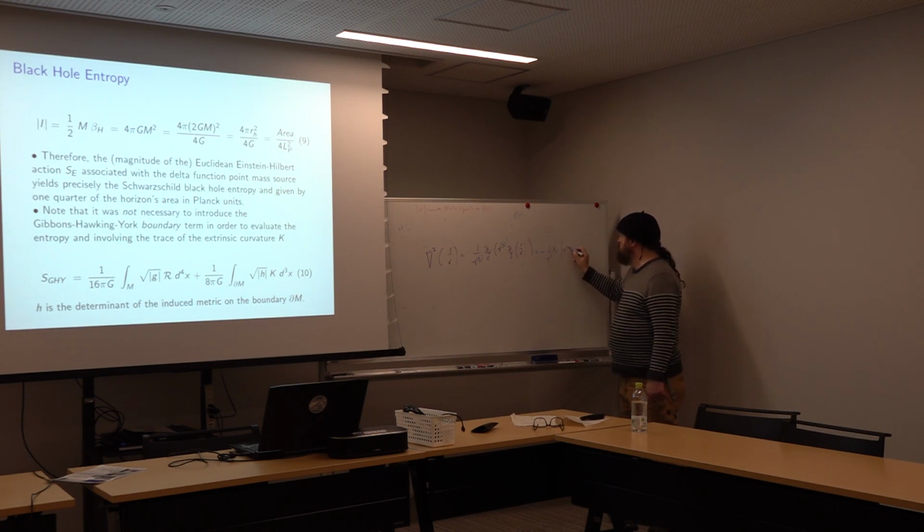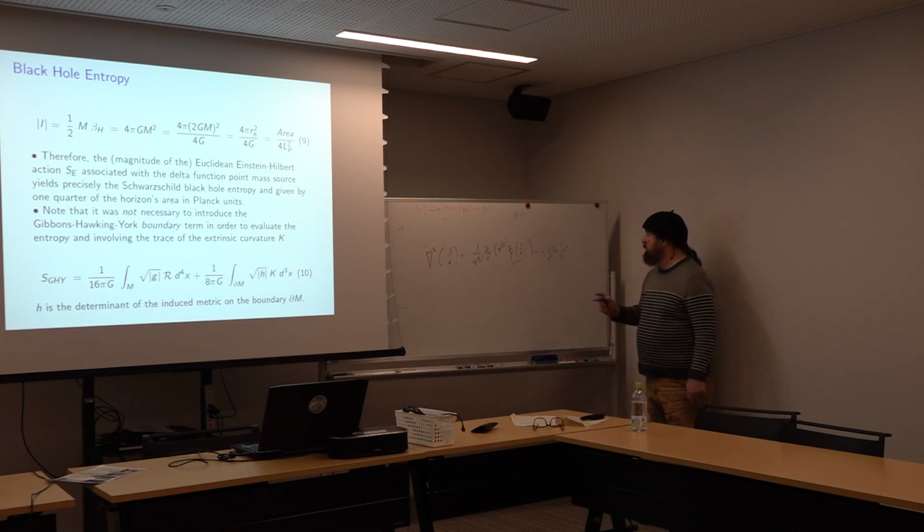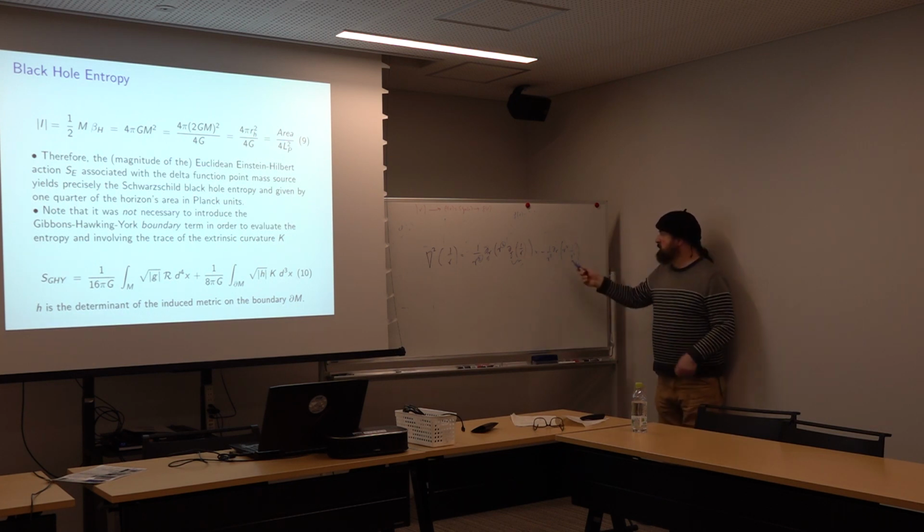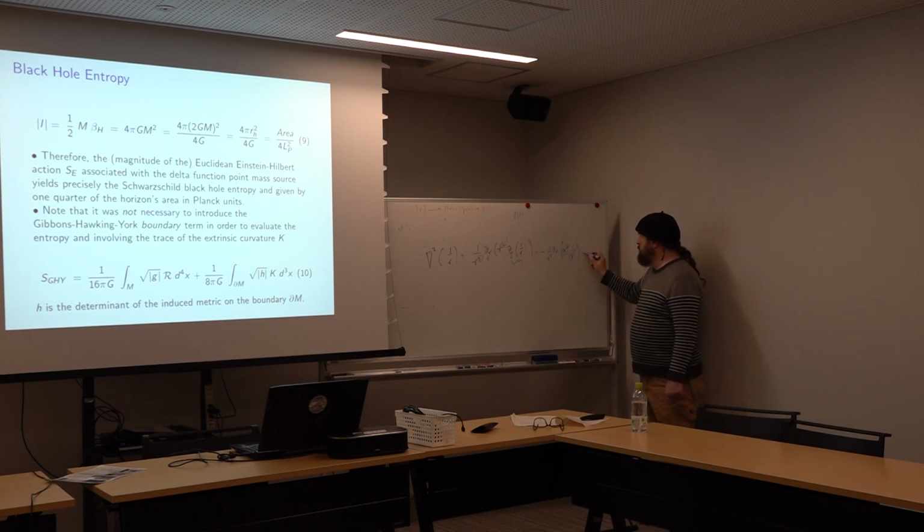I put the minus outside. So you have an r squared here and an r squared here, so they cancel, and the derivative of a constant is 0. So this is trivially 0.